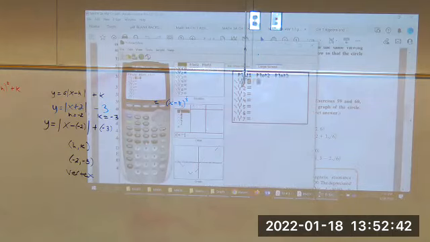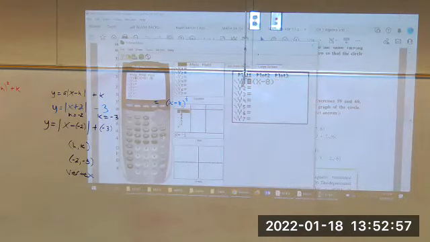Parentheses, x minus 8. Those are parentheses, and then the exponent key is this one right here, the little hat, right above the division.